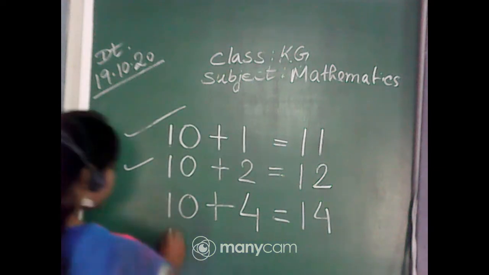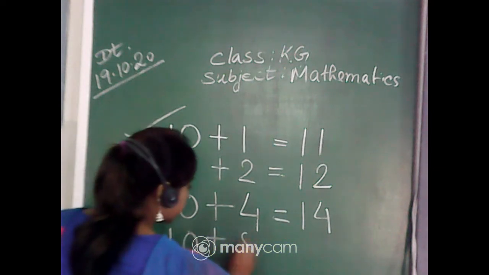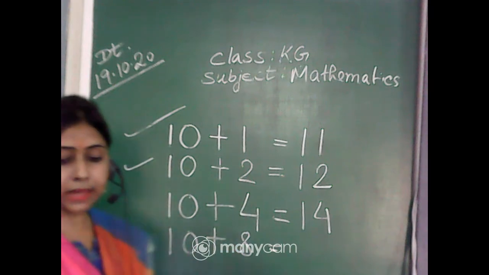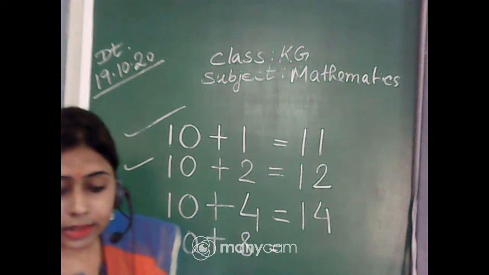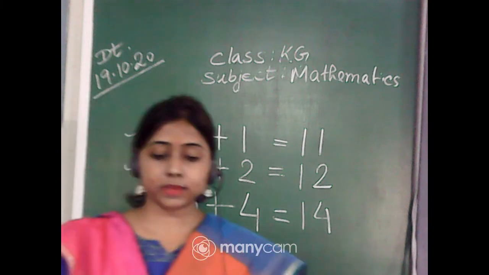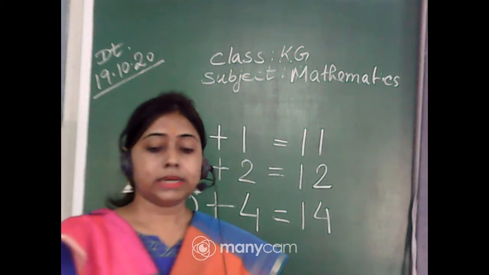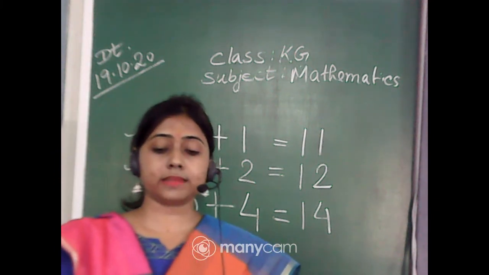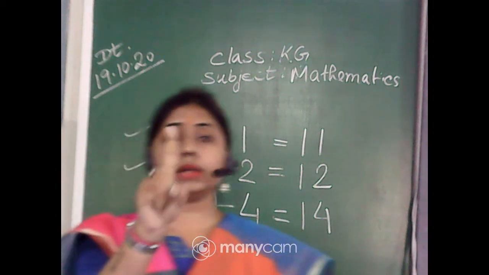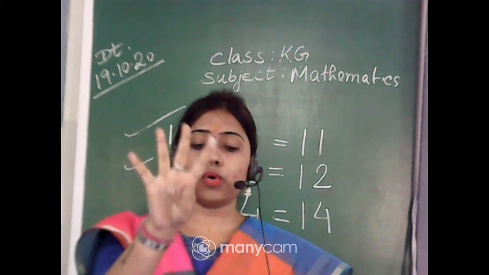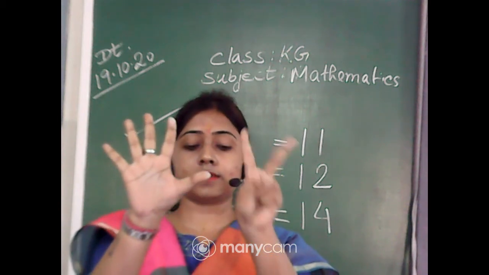Then if I am counting 10 plus 8, how can you do it? First you find out which one is the smallest number. 8. So I am showing 8 fingers: 1, 2, 3, 4, 5, 6, 7, 8.